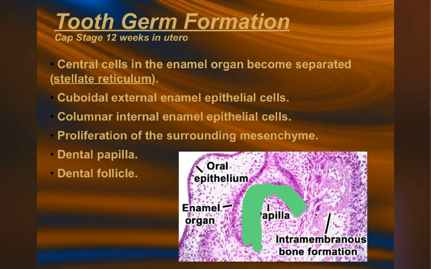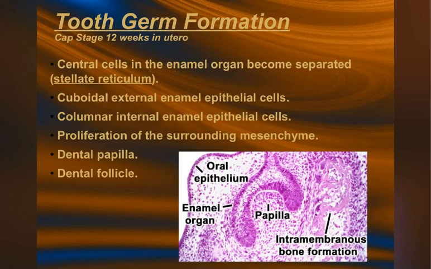This is the internal enamel epithelia part. Internal enamel epithelium becomes arranged in arc shape during the late cap stage. Central cells in the enamel organ become separated by stellate reticulum, cuboidal external epithelia, columnar internal enamel epithelia, proliferation of the surrounding mesenchyme.